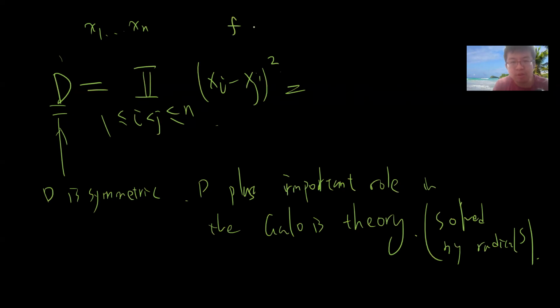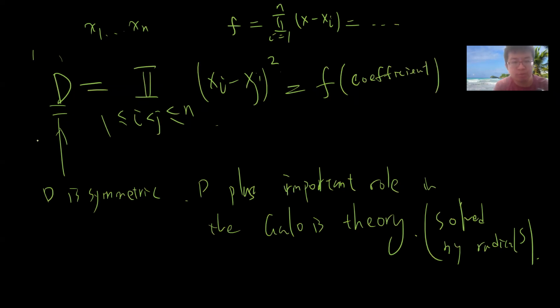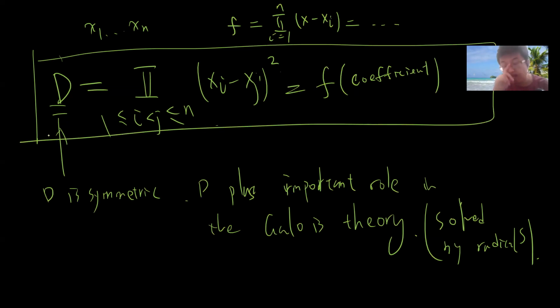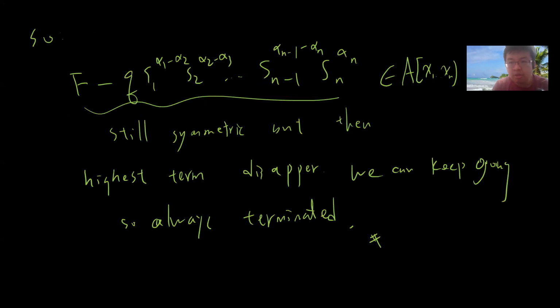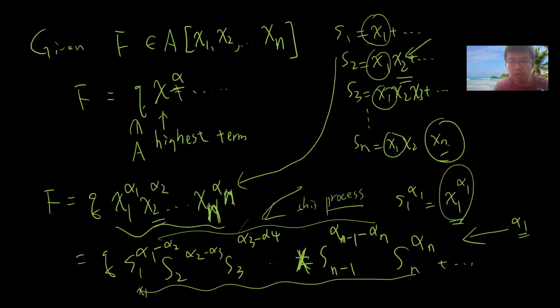Suppose you consider your polynomial f to be the product of (x minus xi), i from 1 to n, and then you can expand it in terms of coefficients. By our previous theorem, D will be a function of the coefficients, by the property of symmetric polynomials. So this is a very, very famous application of the previous theorem. Okay, so that's it. See you in the next videos.